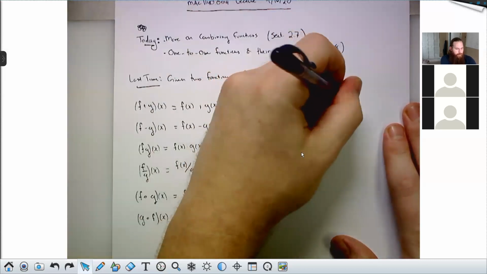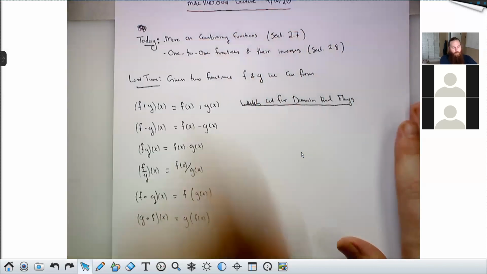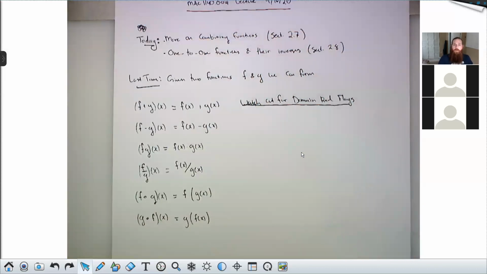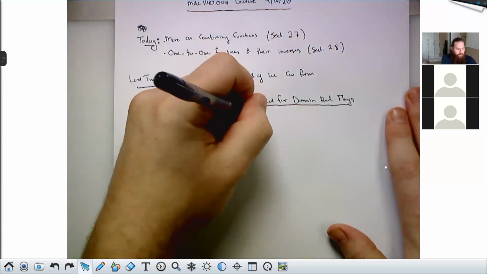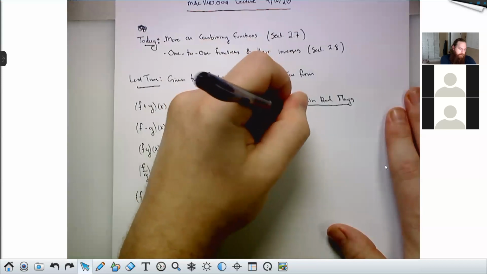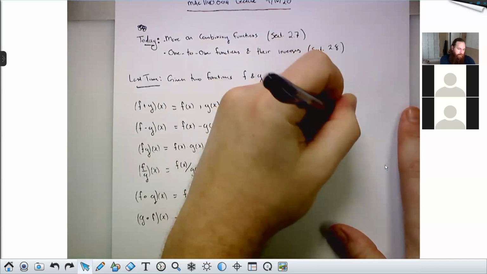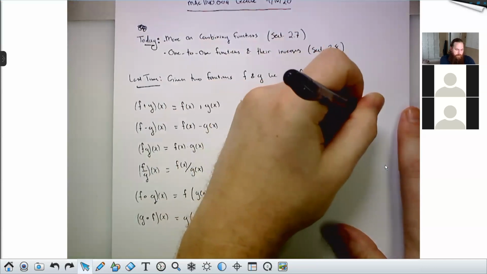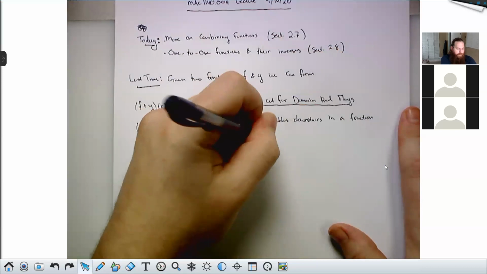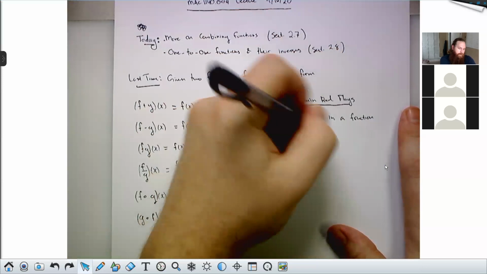So if you need to find the domain of a function, you can use that rule that says take the overlap and throw away what makes the bottom 0. But really the thing to do is just write the function down, whatever it is, and then look out for domain red flags. These are variables downstairs in a fraction, or variables under an even root.